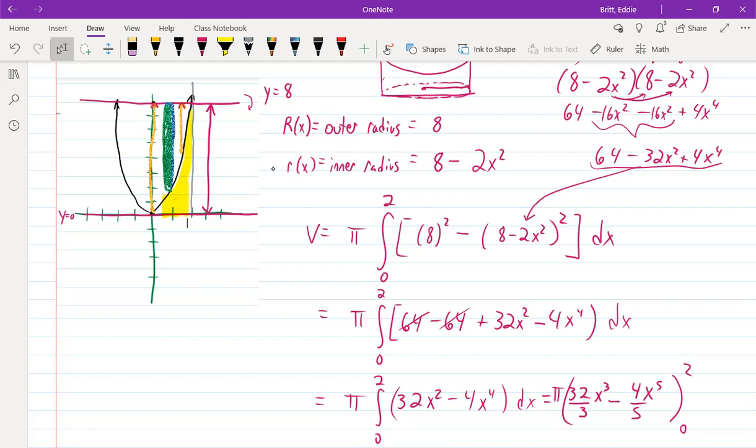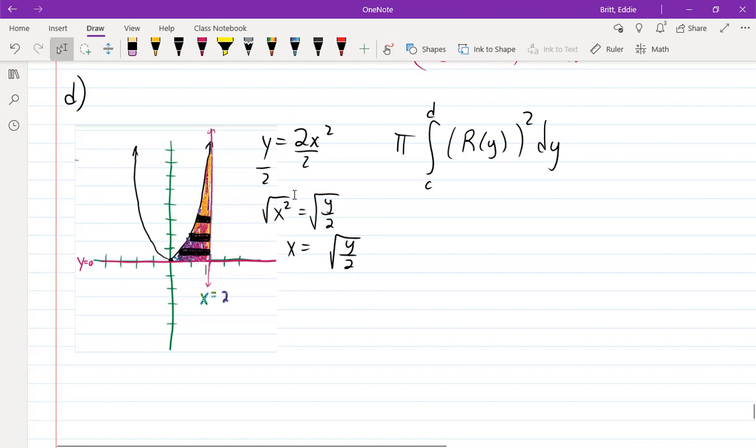Well, here we don't have an inner radius, we just have one outer radius, because we're not missing anything, and it's x equals, so we say right minus left. The right curve is 2, so my r of y is going to be 2 minus the left curve, which is the square root of y over 2.